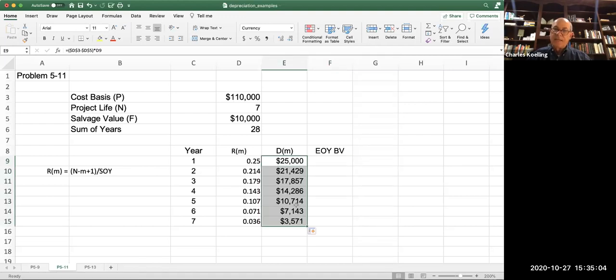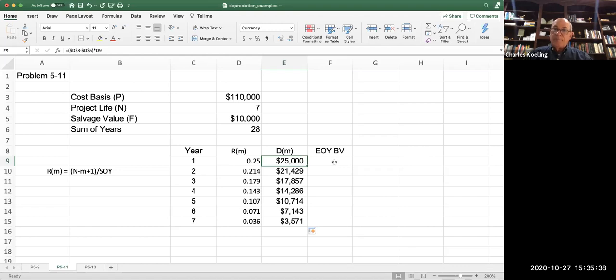We can copy that down, and this gives us our depreciation amount each year. Notice again, compared to straight line, as I discussed in class, this is an accelerated depreciation, in that, remember, our depreciation under straight line was 14,000 some odd for year one. Here it's 25,000. So we have accelerated that depreciation. It's a larger amount earlier in the depreciation life of the asset.